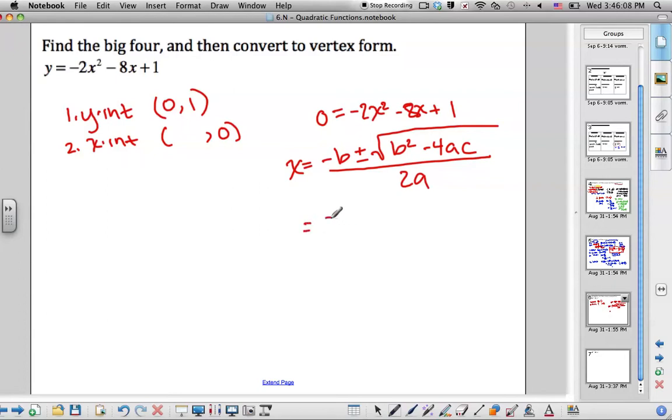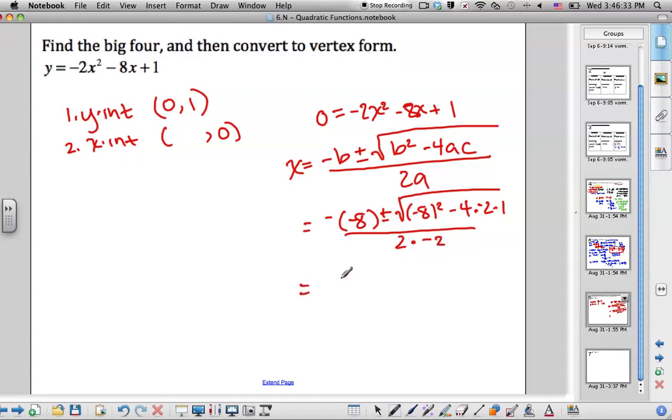All right, so we have to watch our signs. -8 plus or minus the square root of -8 squared minus 4 times a times c, all over 2 times a.